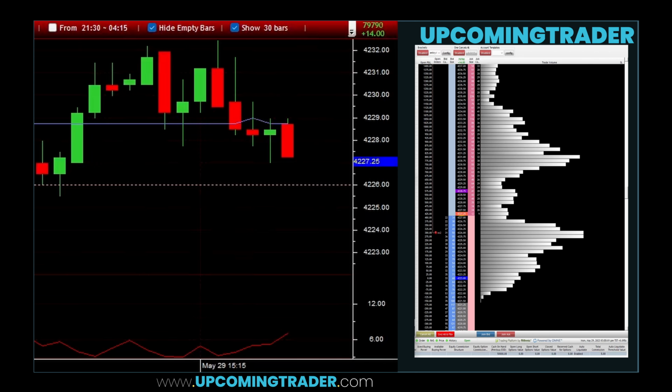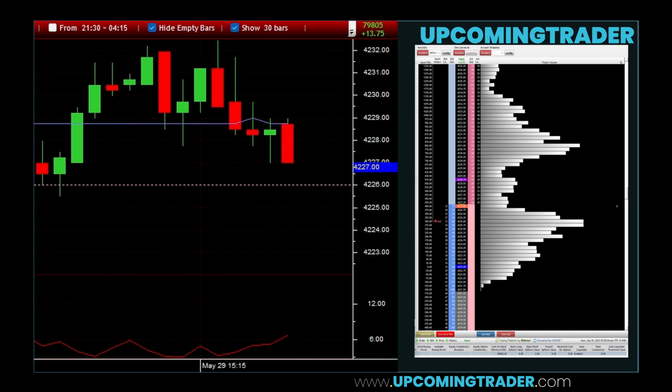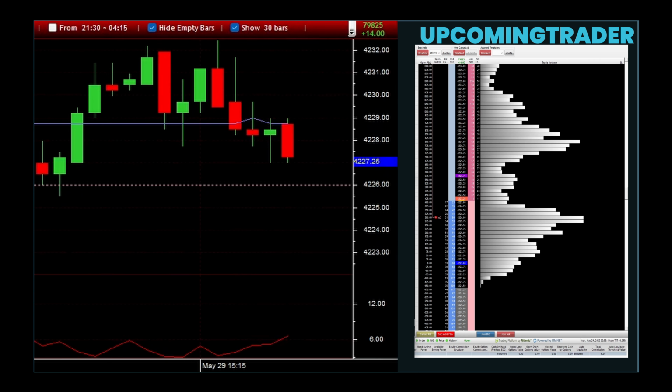Experimenting with different combinations of exponential moving averages can also help. Try using different time frames, maybe shorter ones for fast-moving markets or longer ones for more stable trends.